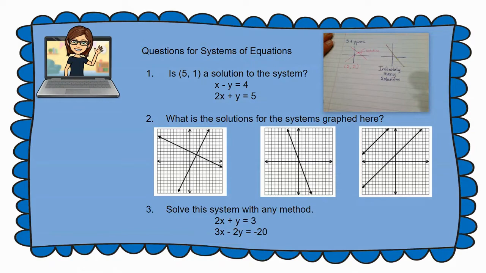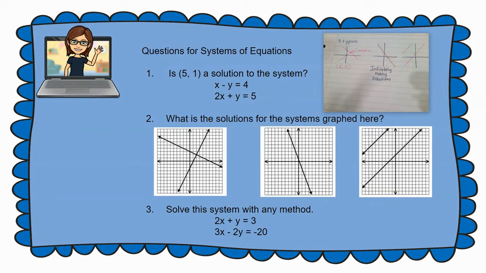Now, the last example, we have two lines graphed, but they are parallel. You can see that these two lines are not going to touch. We already talked about the system having a solution where the two lines intersect.